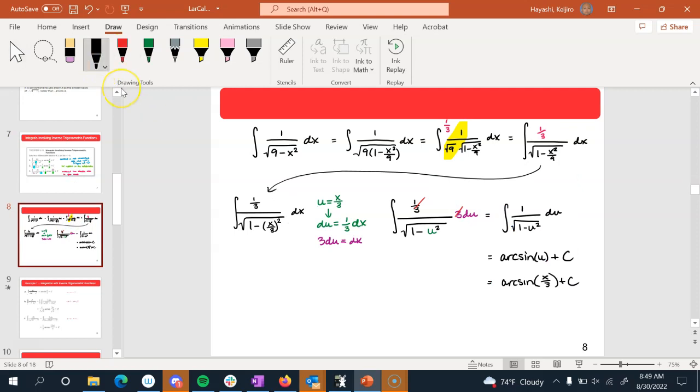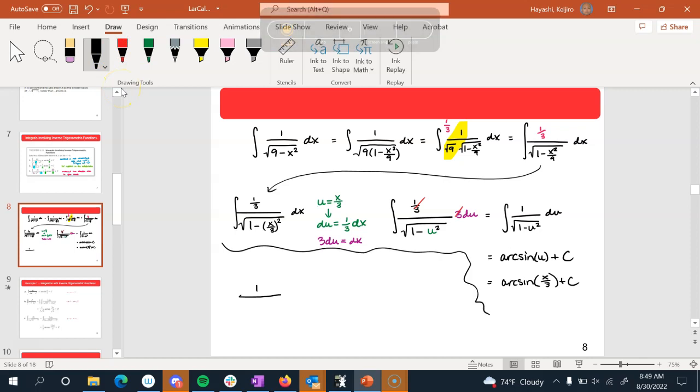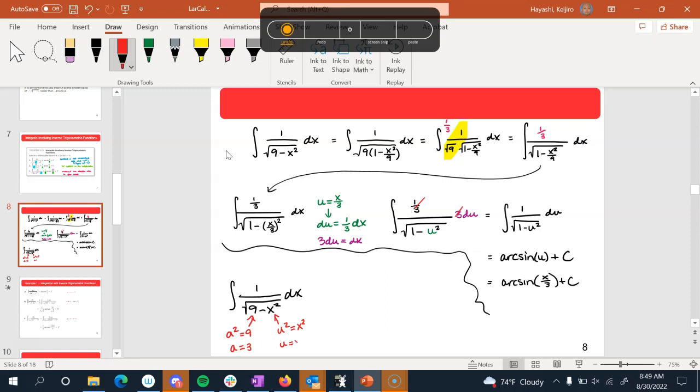You could simply say, okay, let's say we got the same integral. Well, this is supposed to be a squared. So if a squared is 9, then a is 3. If u squared is x squared, then our u is clearly x.